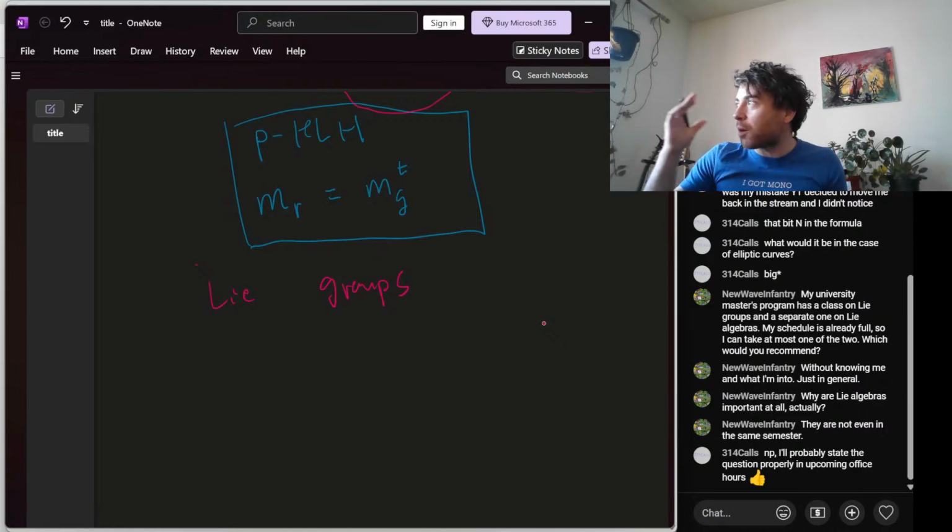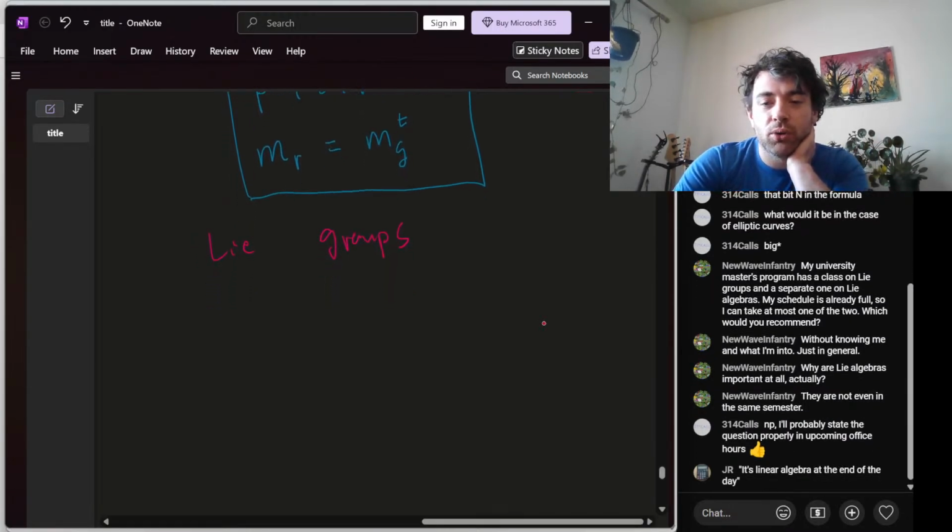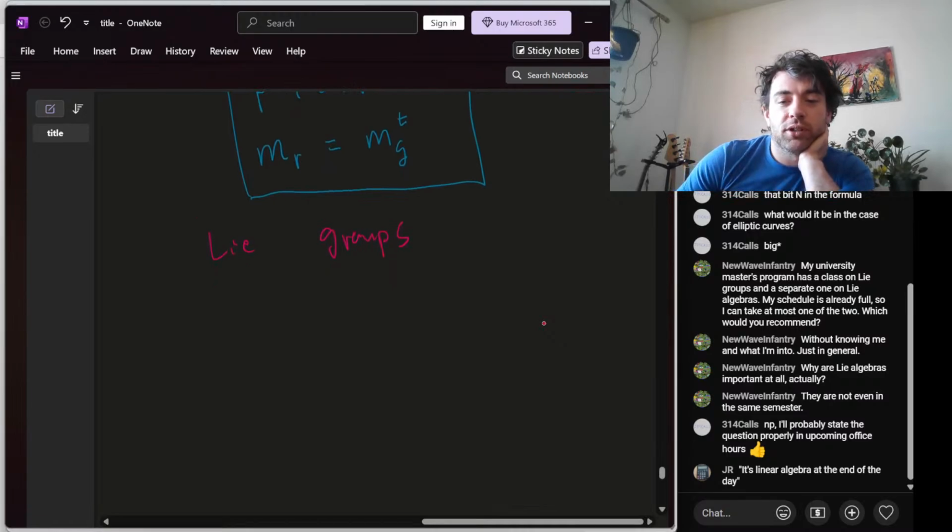Things tend to happen in the real world continuously. Of course, there are quantum processes as well, but it's very useful for us to describe continuous motions of things. So it makes sense that we'd want to study groups, symmetries of continuous things, very loosely speaking. It's all linear algebra at the end of the day, exactly.